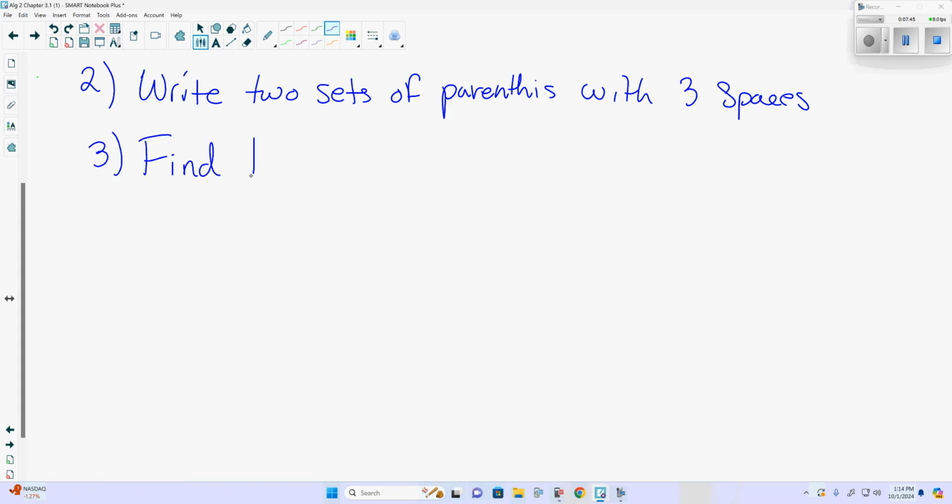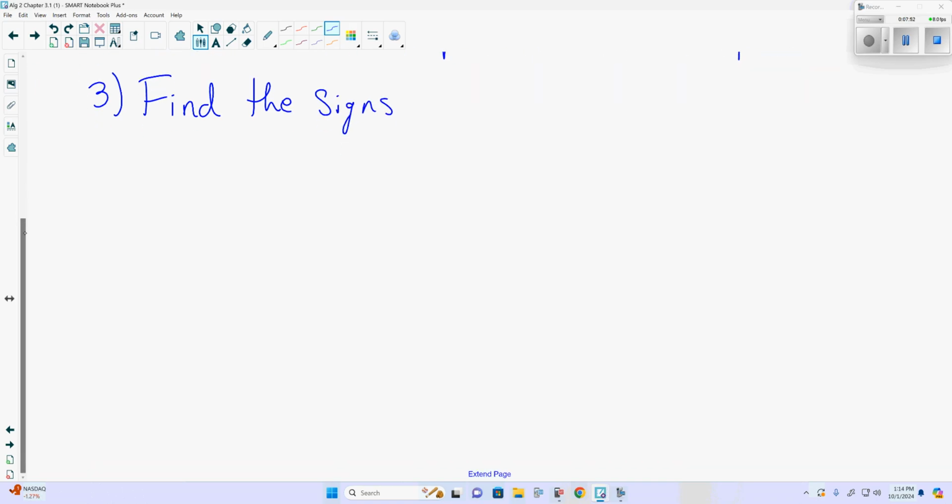Find the signs. Now there's 2 cases we can have. And the way we find the sign in the 2 cases is all based off the third term.